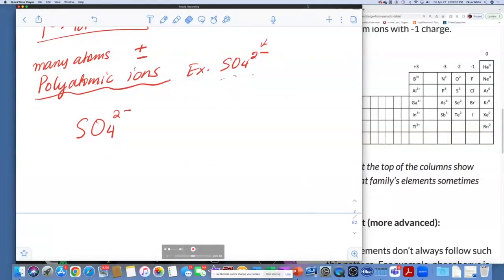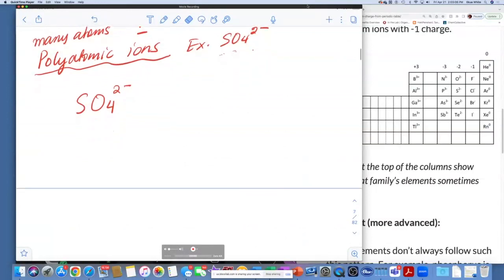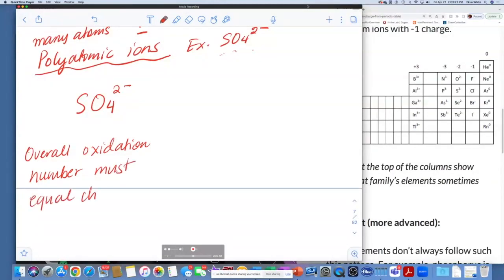Then the one on the left has to quote unquote adapt to what's going on. Okay, like we mentioned before with the overall compound, the overall oxidation number must equal charge, must equal, I should say here, overall charge.